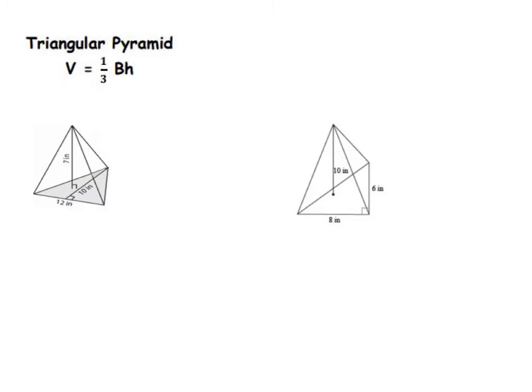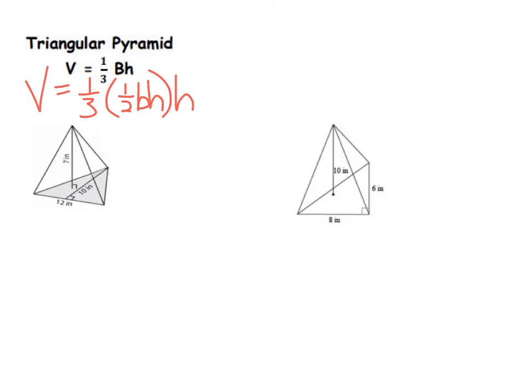So we're going to substitute that capital B with the formula for area of a triangle. So the capital B is going to be half of the base and the height, times the height of the pyramid. So we're going to go ahead and shade in the triangle. And the first one's been shaded in for you?